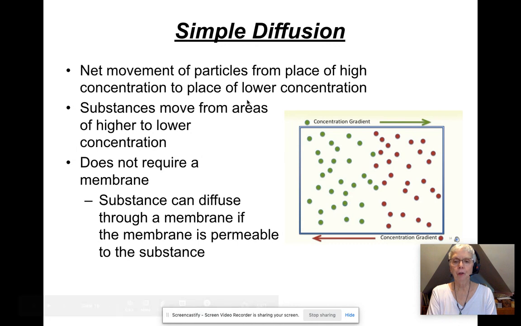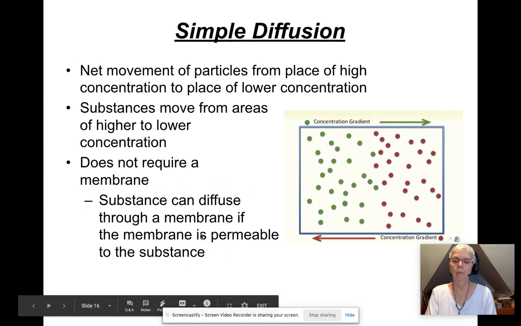With simple diffusion, remember this is a passive transport, net movement of particles go from an area of high concentration to an area of low, so high to low. Substances move from areas of higher to lower concentration, and it does not require the membrane to be anything but selectively permeable.